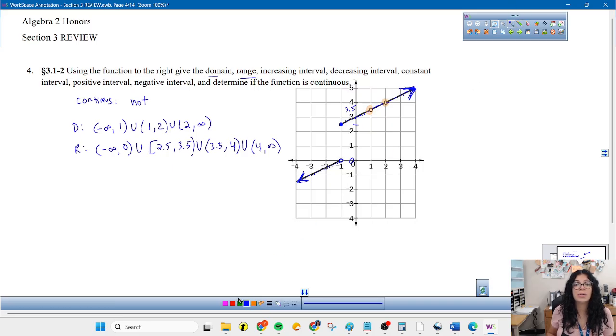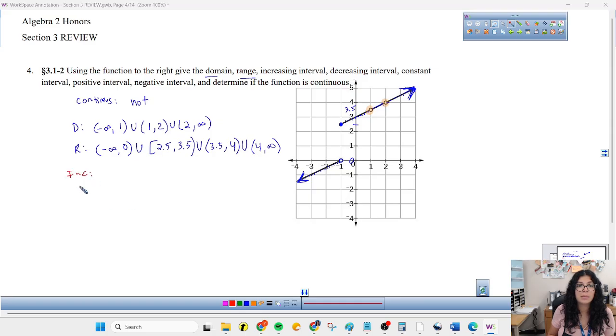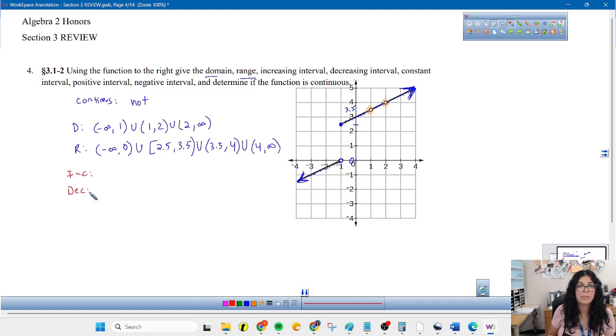All right, next let's go ahead and do the increasing, decreasing, and constant. We can start with constant. Remember, this is a horizontal line, which there is no part of this graph which is a horizontal line, so there is no constant. Also, there is no decreasing, because decreasing would mean that as you follow the graph from left to right, that the line goes down, okay?